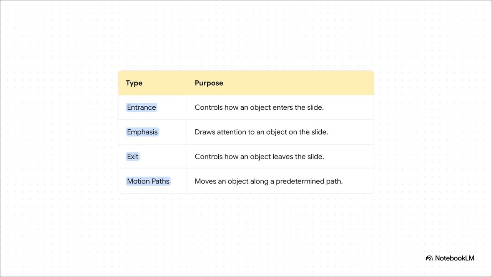An entrance animation can reveal a key statistic for some real dramatic effect. An emphasis effect, like a pulse or a color change, can draw attention to a critical number on a chart. Exit animations help you clear the slate for a new idea. And motion paths, they can literally show a process unfolding, moving from point A to point B.